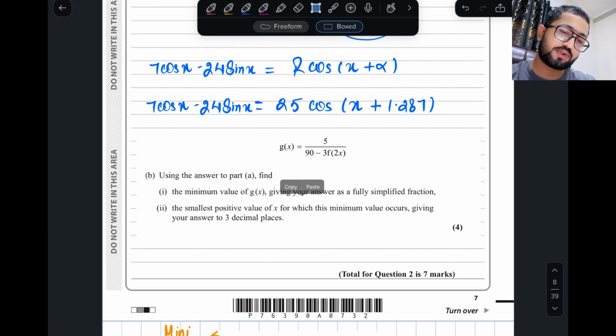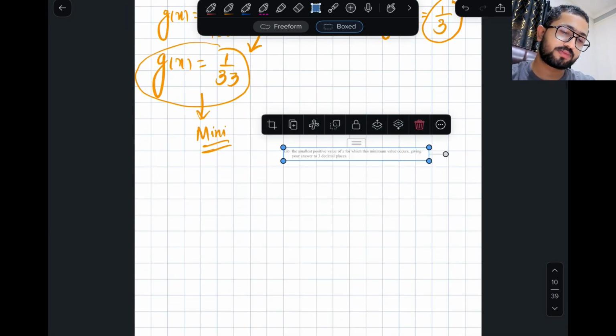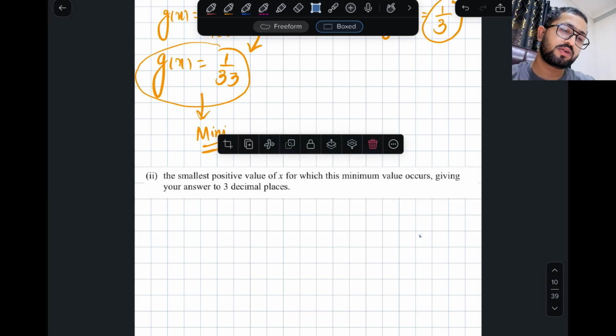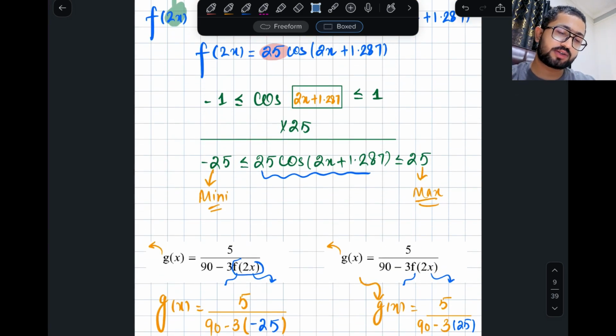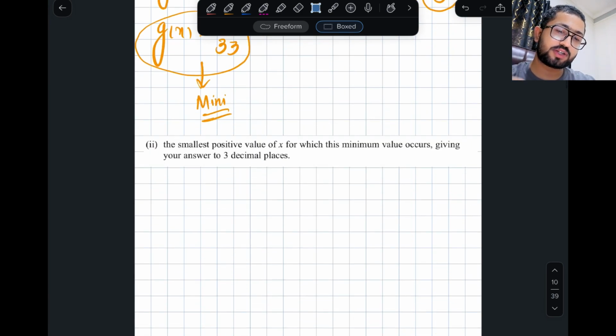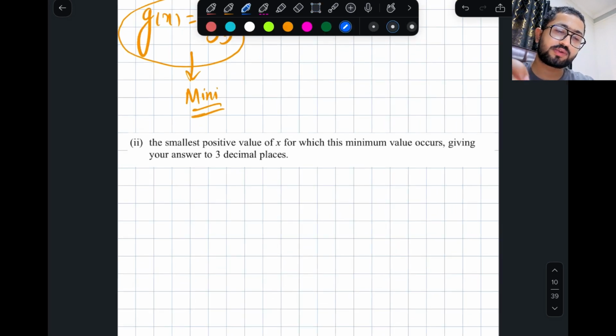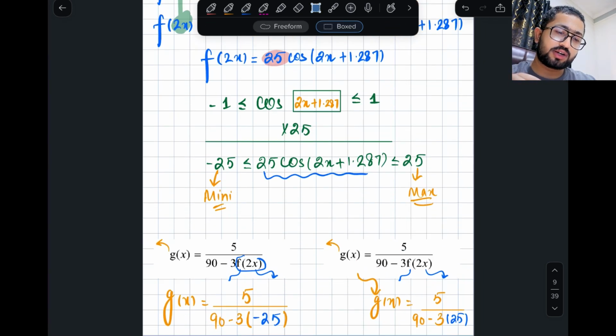So find the smallest value of x for which this minimum value occurs. How to find the smallest value of x for which this minimum value occurs?